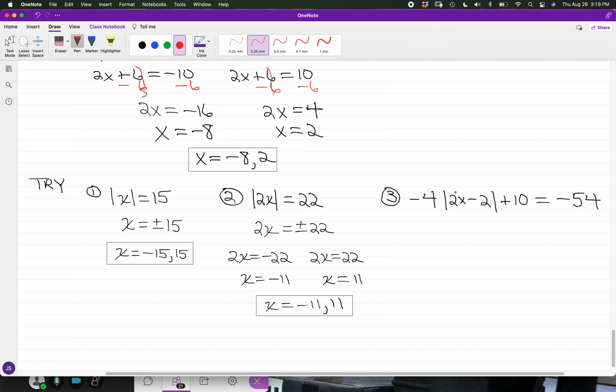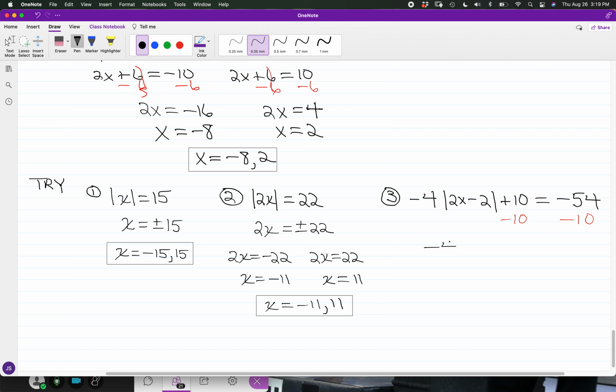We're going to isolate the absolute value of 2x minus 2, so we're going to manipulate moving the negative 4 as well as the 10. I can proceed by undoing the addition of 10 by taking 10 away from both sides.